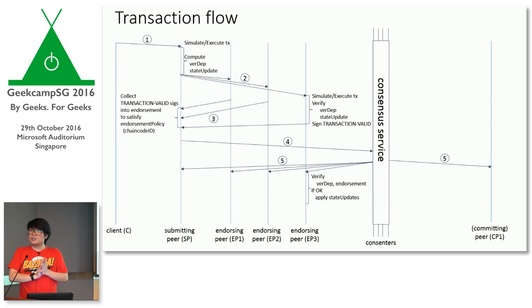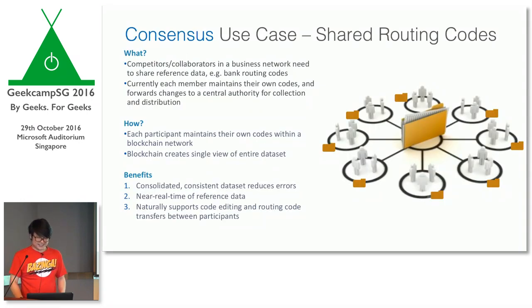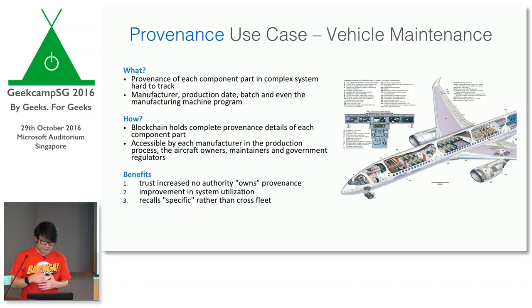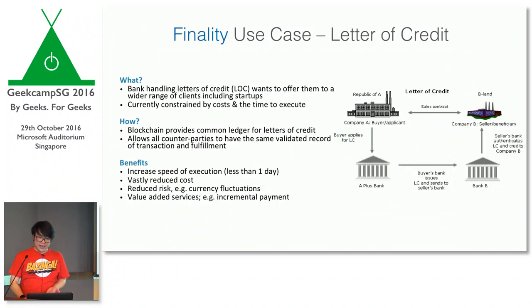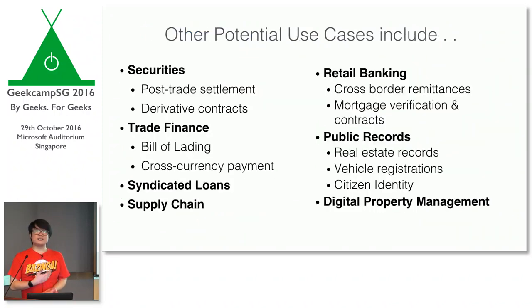All the automation is done automatically for you in the background, and hence the beauty of distribution. Some use cases: shared routing codes, vehicle maintenance, the most obvious being a financial ledger, letter of credit, and so on and so forth. There are a lot of things you can base on from an industry standpoint.